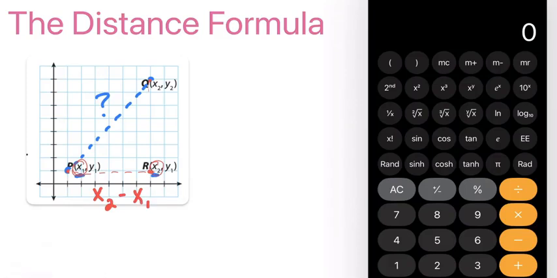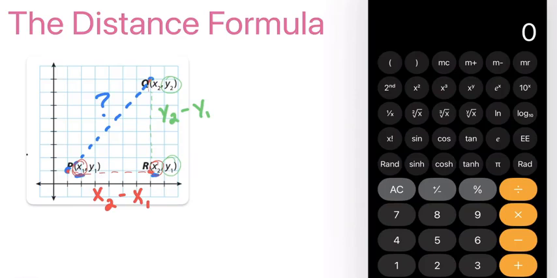And so to figure out the distance between the y's, meaning the distance from R up to Q, I would do the same thing with the y coordinates. I would take whatever the second y coordinate is, that y2, and I would subtract whatever the first y coordinate is, that y1 right there. And that's how I'd figure out what that length is.